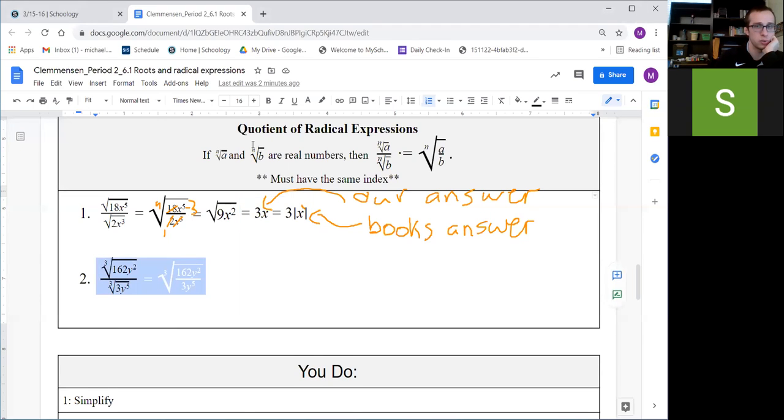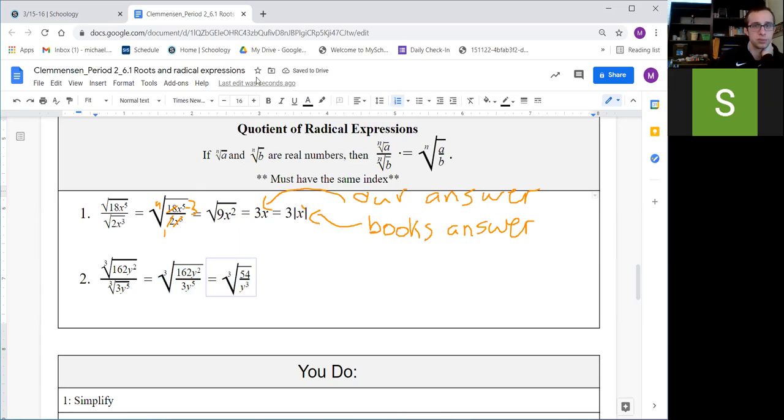First thing, make it into one fraction bar since they have the same index. Then simplify. 162 divided by 3 is 54. y squared divided by y cubed, and y squared divided by y to the 5th gives me y cubed. Same process as we did before. Divide by 3. I get 1 and 54.